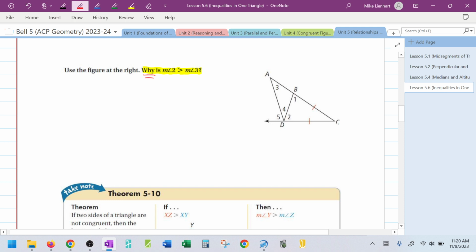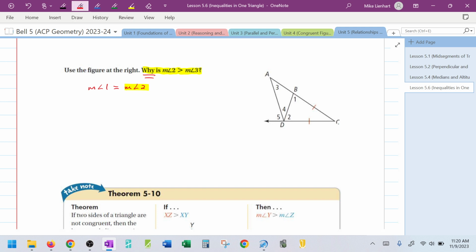The first thing I notice is I am dealing with an isosceles triangle BCD. And that isosceles triangle tells me, by the isosceles triangle theorem, that the measure of angle 1 must equal the measure of angle 2. The reason why I chose that is, if you notice, that angle 2 is part of what they want me to figure out.